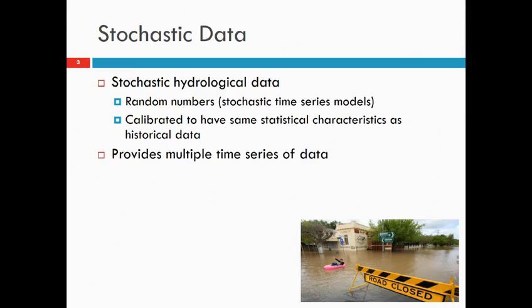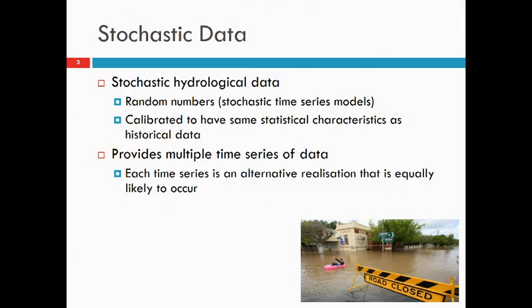But the good thing is we can generate many of these time series. As each time series is an equally likely past realisation that's equally likely to occur, we can use it as an input to our models to better quantify our uncertainty and get some probability limits.